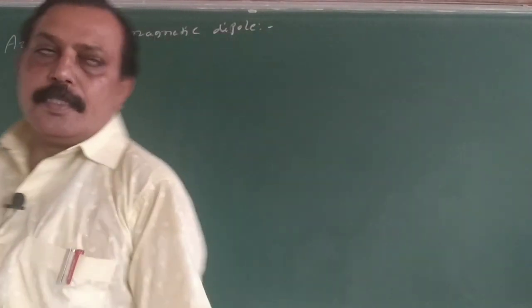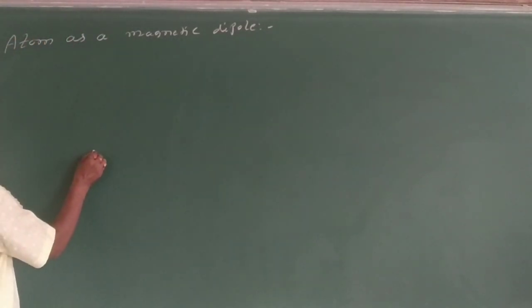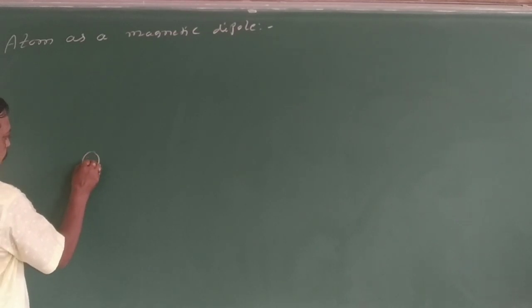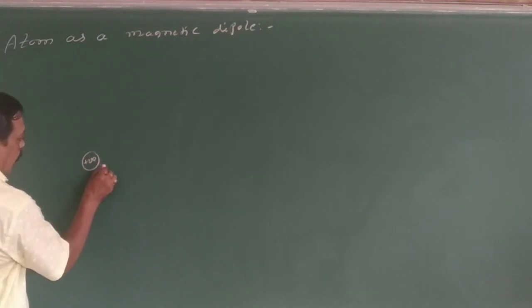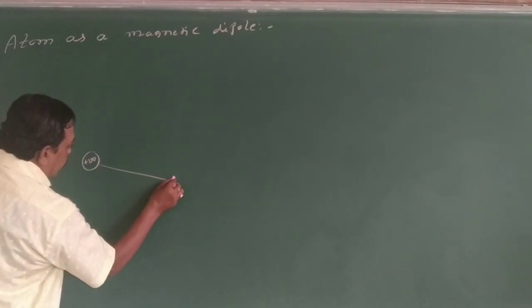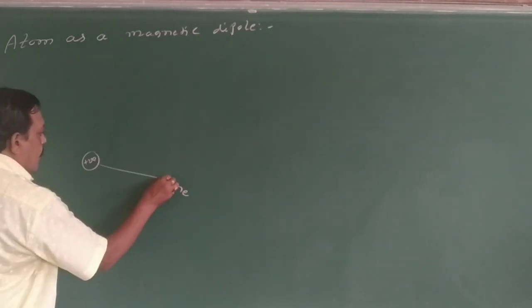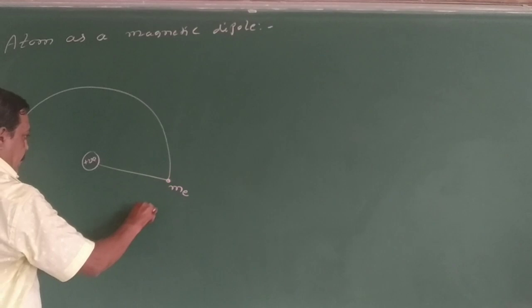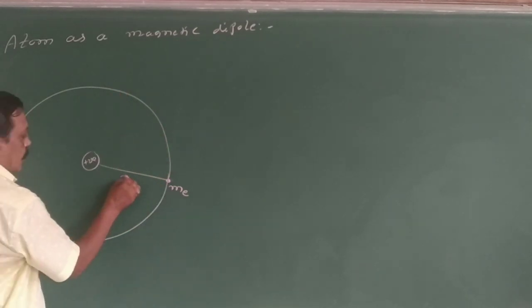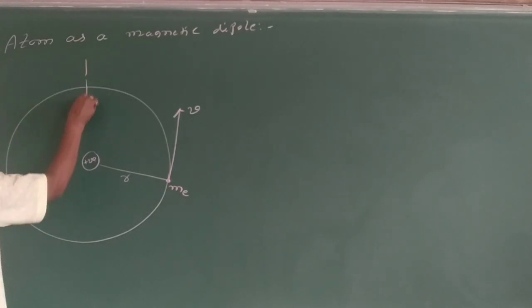So, I take the central core of the atom, the nucleus. The electrons are revolving around the nucleus in a circular orbit of radius R with a velocity v, and this is the axis of rotation.